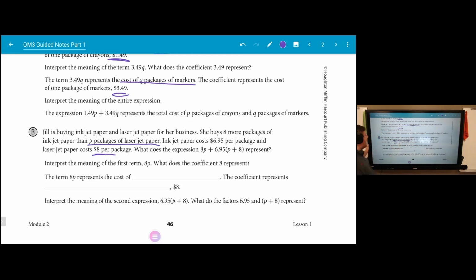So the term 8p represents the total cost of p packages of laserjet paper. And that 8 is the cost per package of laserjet paper.